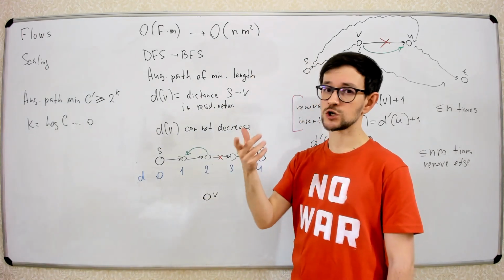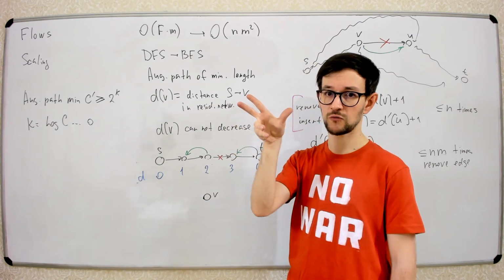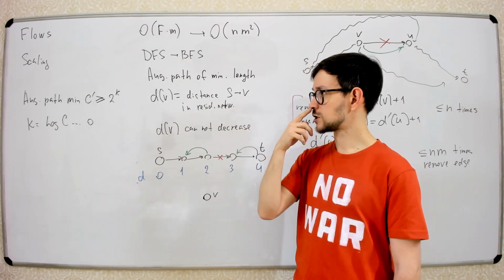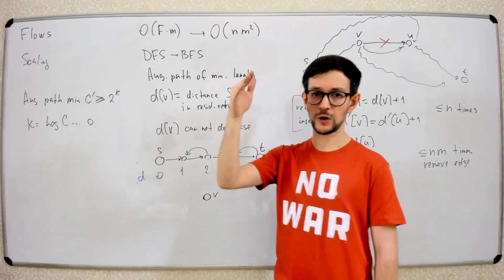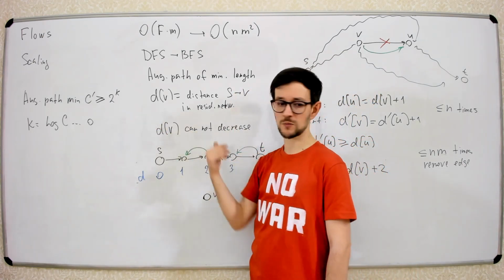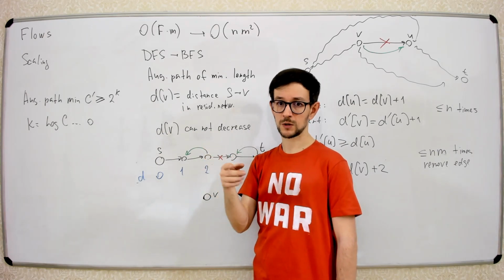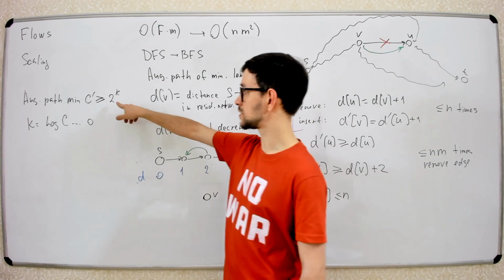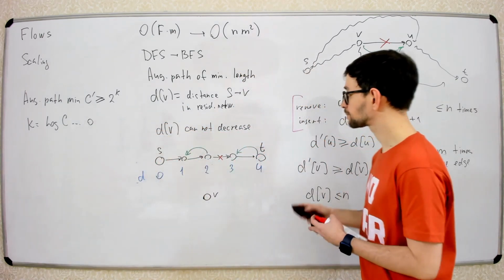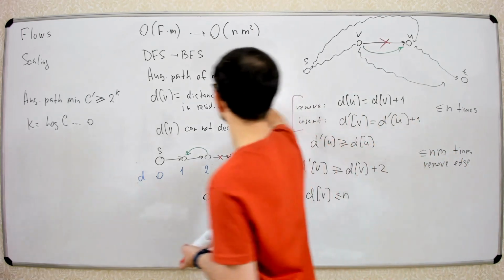You just change the condition in your for loop. You iterate over all edges and check if the residual capacity is at least 2^k. Before, we checked that the residual capacity is positive, but you just change it to check if the residual capacity is at least 2^k. What will be the time complexity? Let's go.